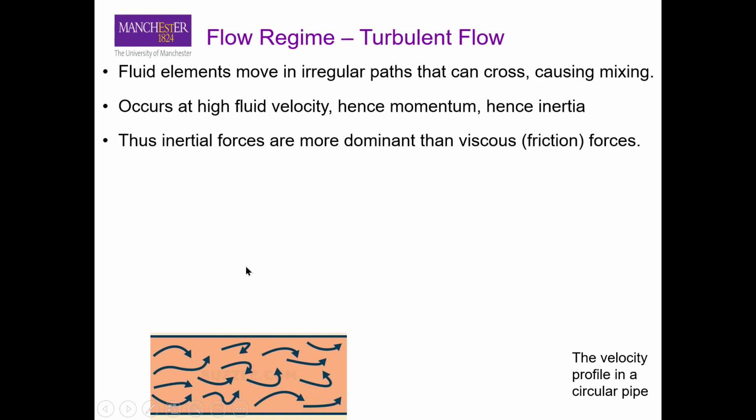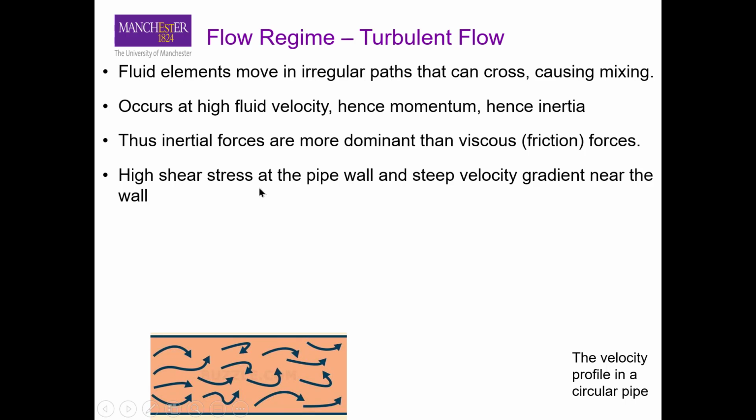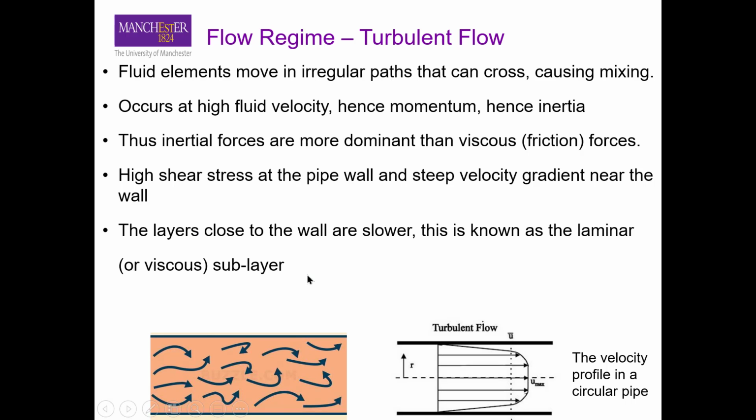Okay, so high shear stress at the wall and a steep velocity gradient near the wall. When you are in turbulent flow, you have a more flattened velocity profile, the reason being that in the middle you have much more mixing, and as such a much lower effect due to viscosity, compared to the parabolic velocity profile that was something like this.